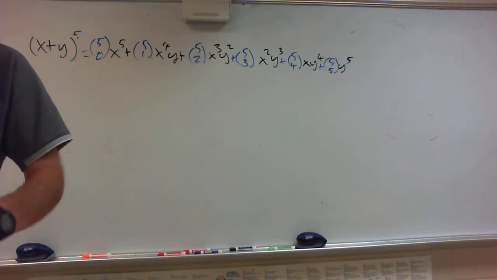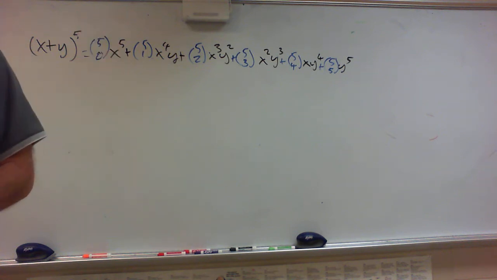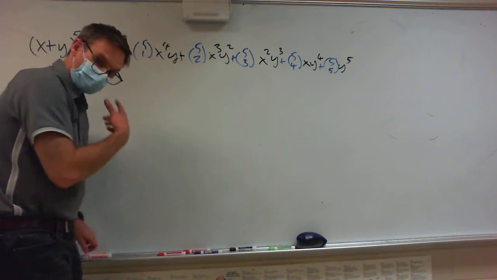So, compute them. Get a calculator out. Y'all know how to do this. It's the C button. Because I want to know those numbers.